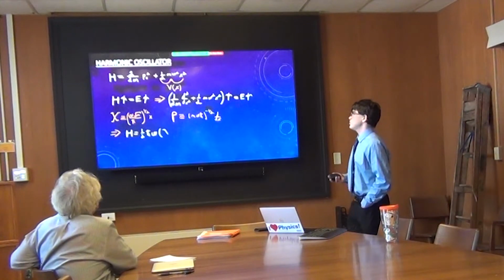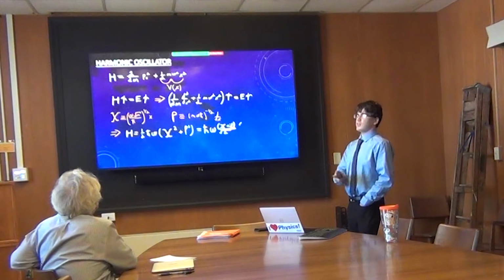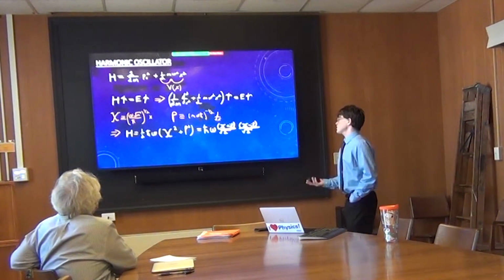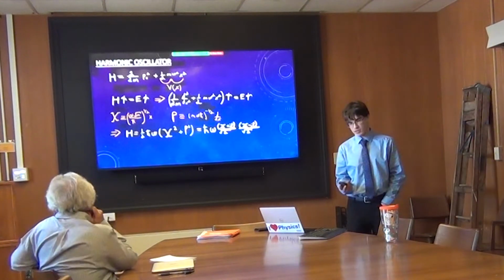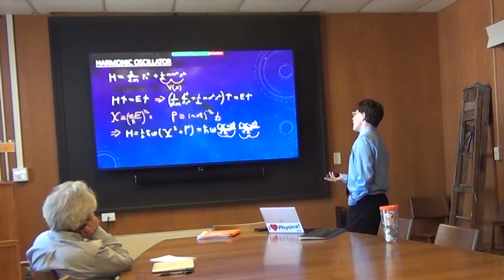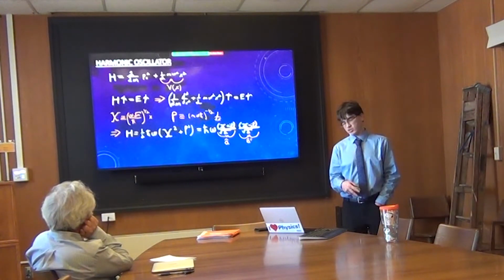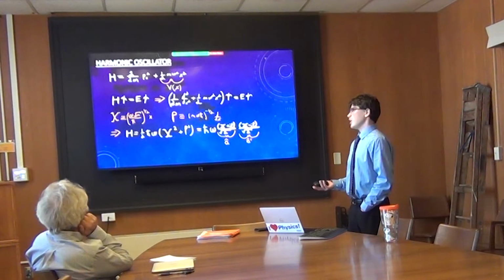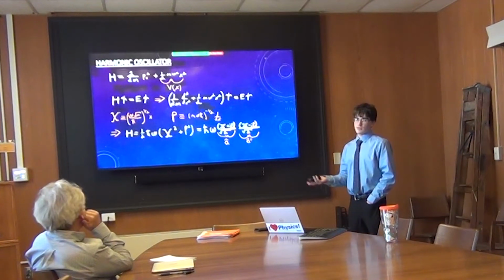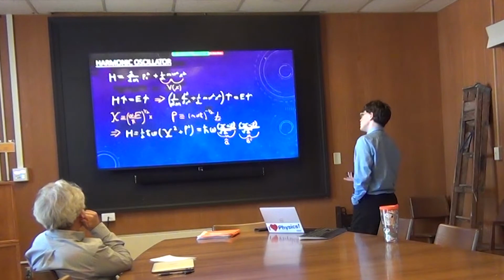If you make that substitution, you can now write the Hamiltonian as X squared plus P squared, and then we can factor this using complex i's to get X plus iP and X minus iP, which are customarily defined as (X plus iP) over root 2 is a hat, which is called the annihilation operator, and (X minus iP) over the square root of 2 is a hat dagger, the creation operator.